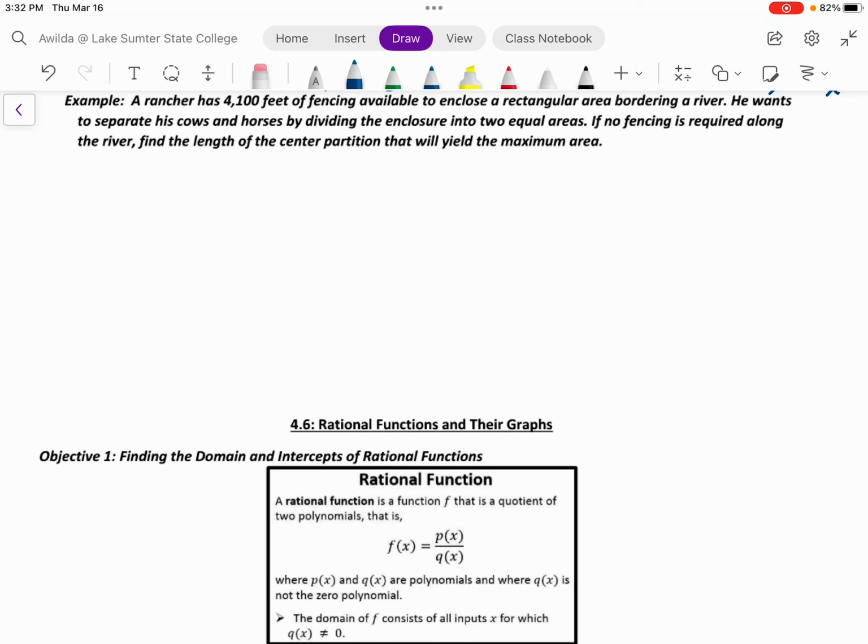So the diagram for this scenario is almost the same. We still have a rectangular area bordering a river that doesn't need a fence, but in this case, we need to add a partition in the middle such that the rectangular area is divided into 2 equal parts. That's going to require some fencing.